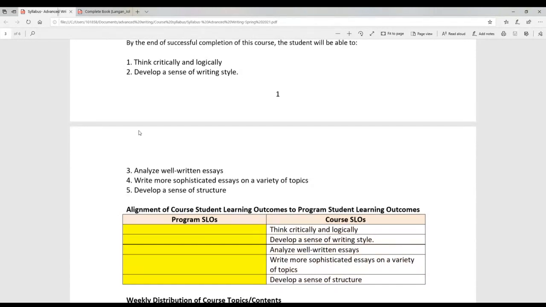We will see, inshallah, and you will have some practices on that. And we will see how to do proofreading, and what you should focus on when you do proofreading.